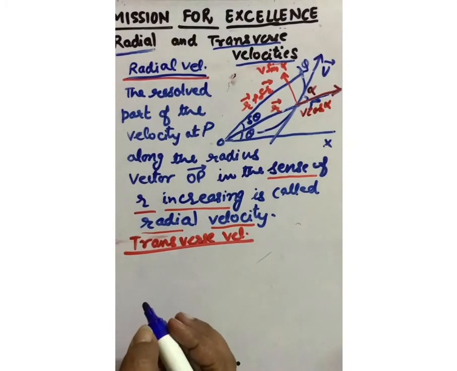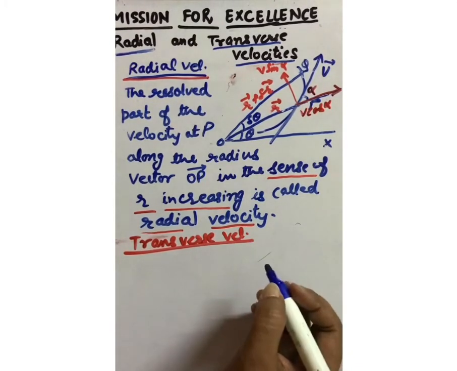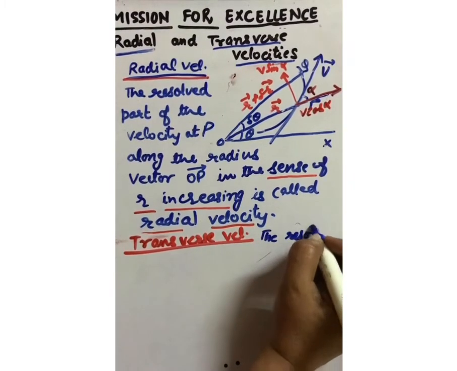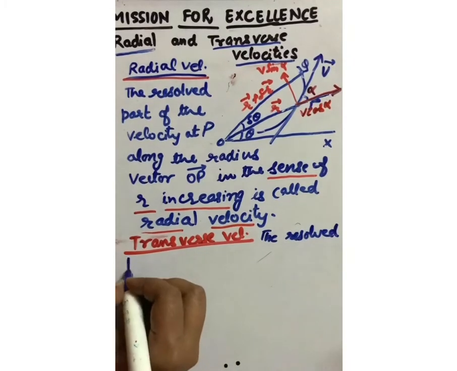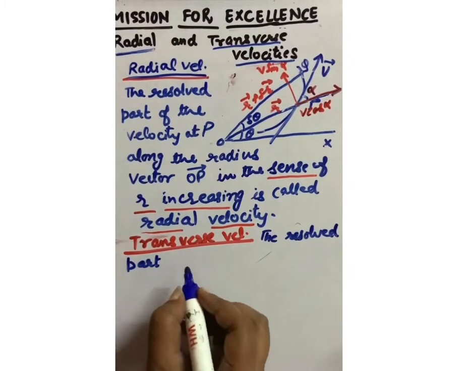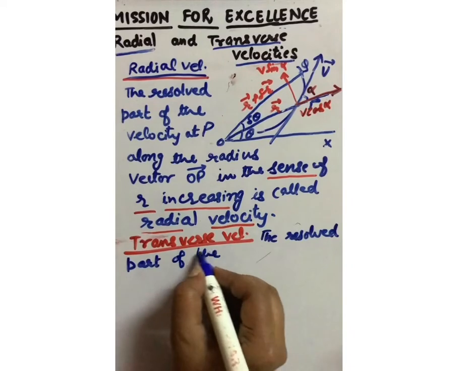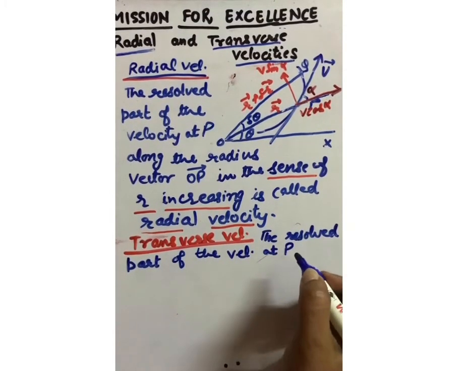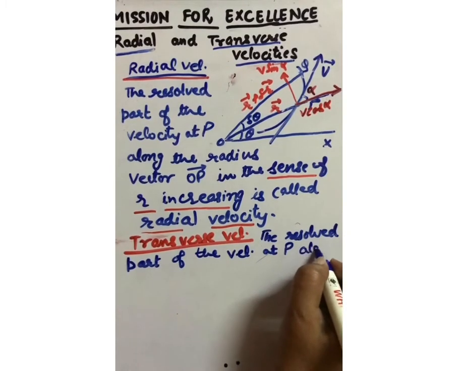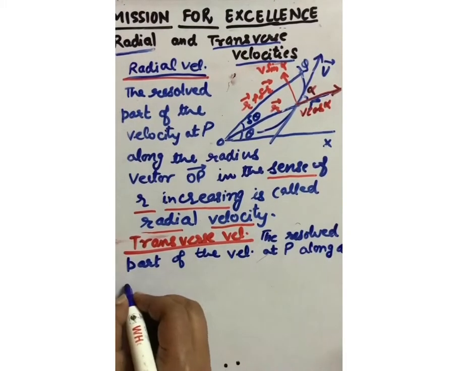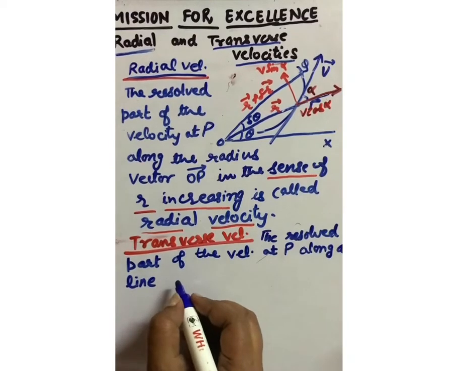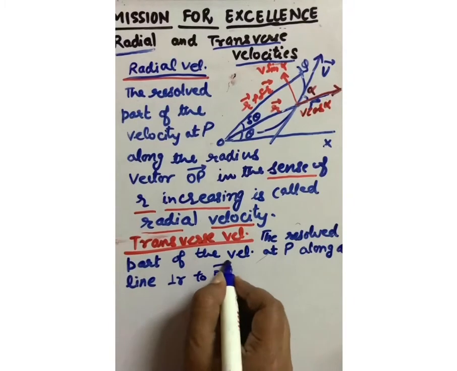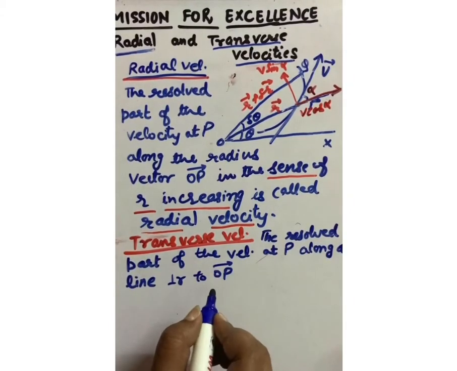So let us define it: the resolved part of the velocity at P along a line perpendicular to OP, that is, perpendicular to the position vector.